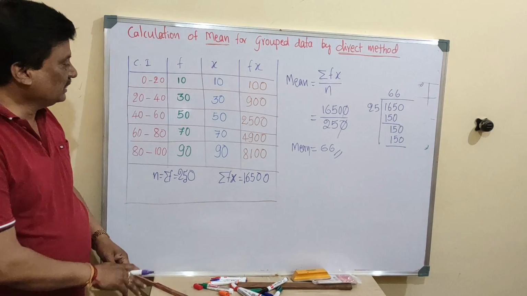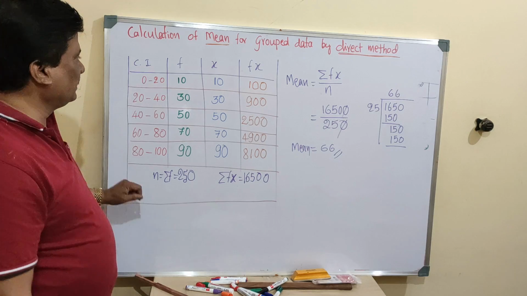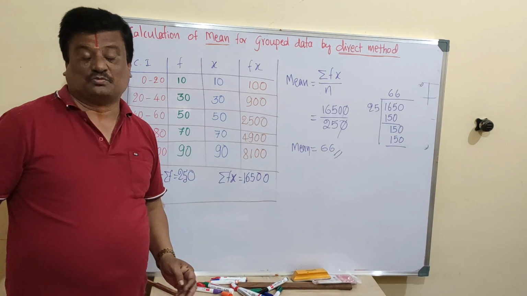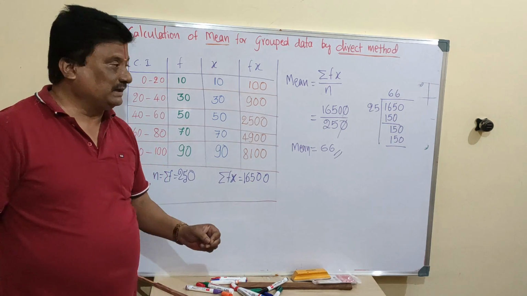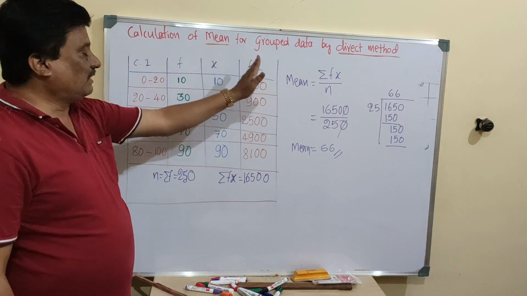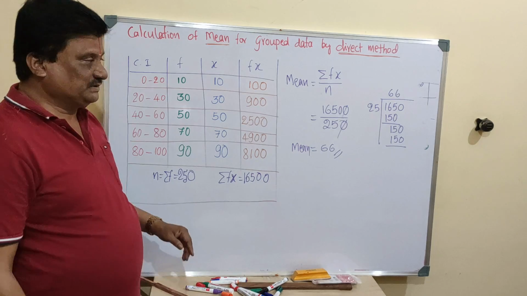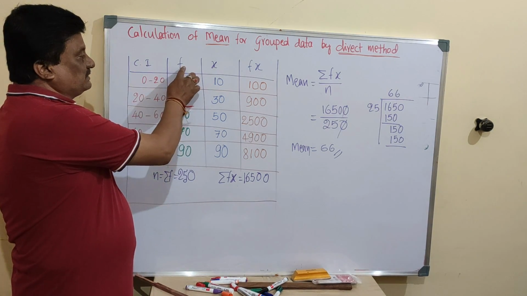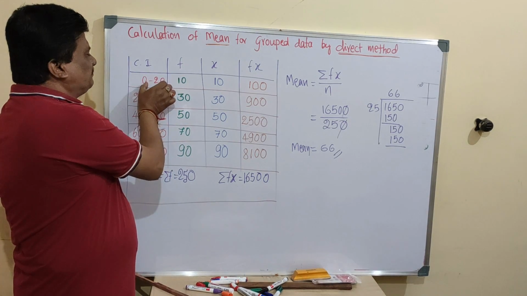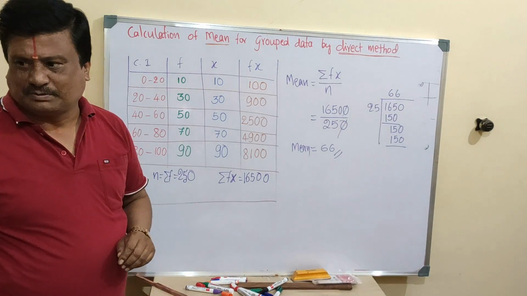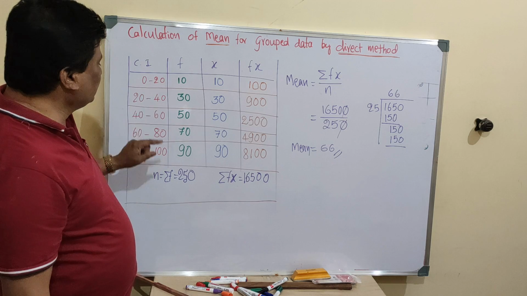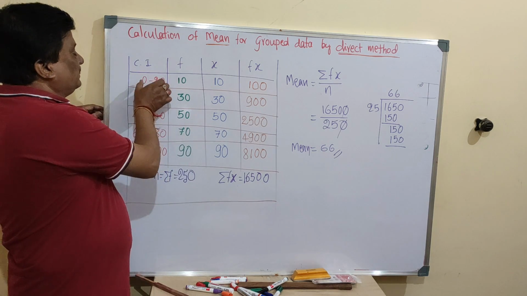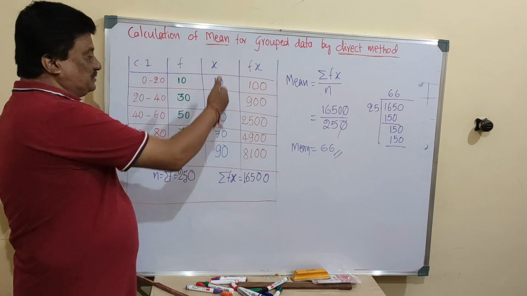So friends, I hope you have understood this method very clearly. The first and foremost thing to keep in mind is the columns we want to write. In this direct method, we have class interval, frequency, and x, the midpoint of the class interval, which we calculate by adding the two limits and dividing by 2.